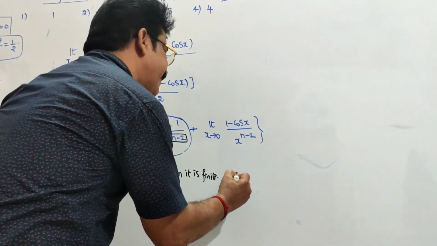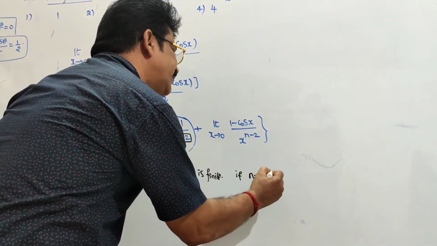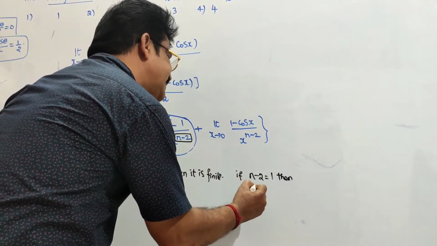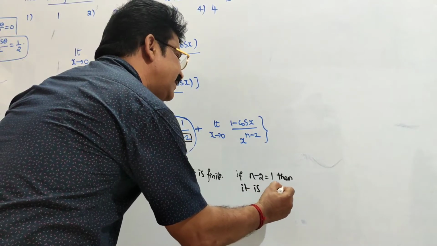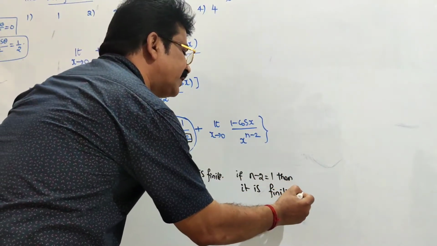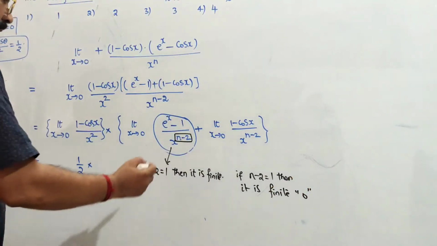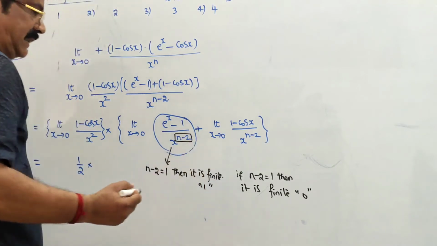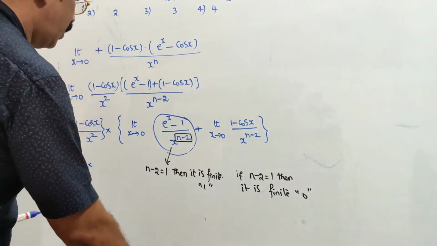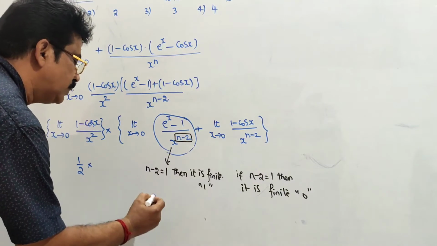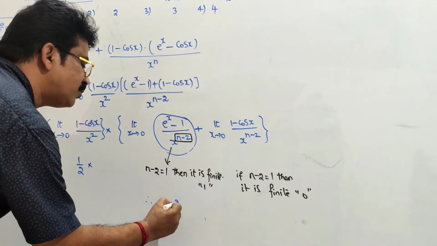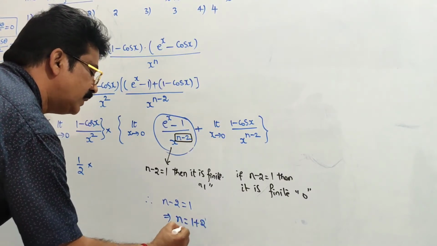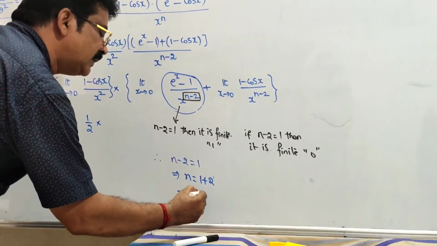If the same n minus 2 value is equal to 1, then it is finite. Finite means what? It becomes 0. Here finite means what? It becomes 1, like that. So therefore in both cases, n minus 2 is equal to 1, that implies n equal to 1 plus 2, that implies n equal to 3.